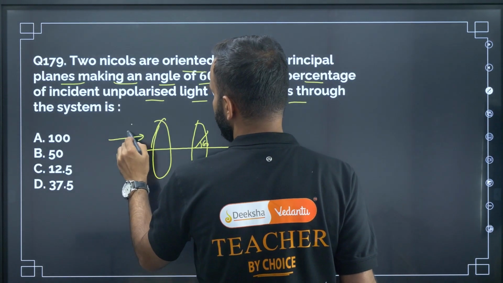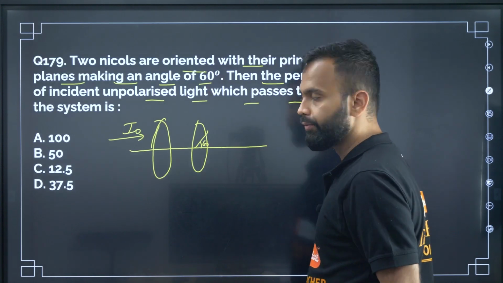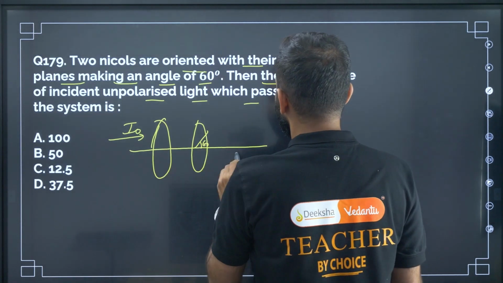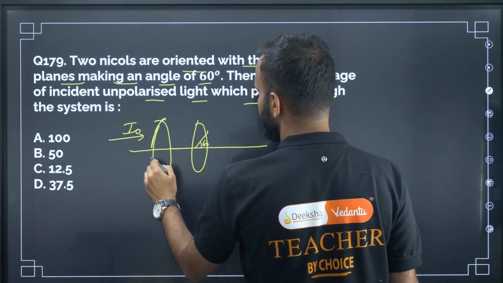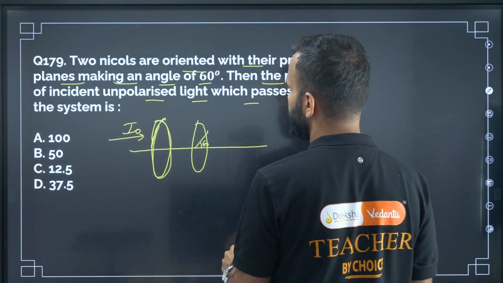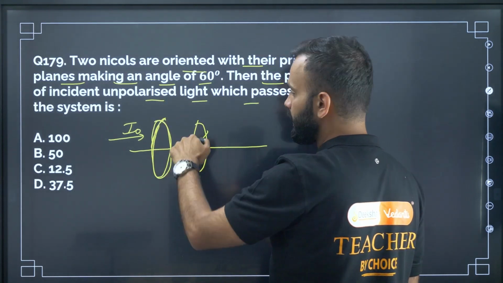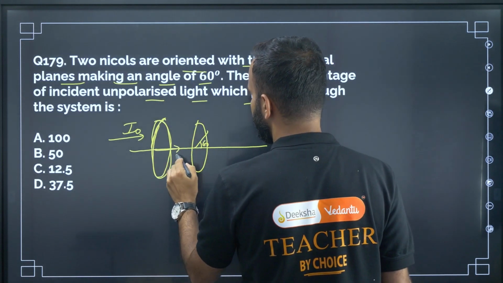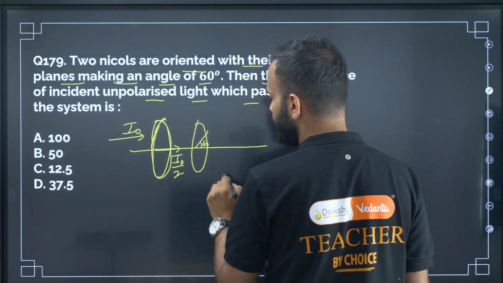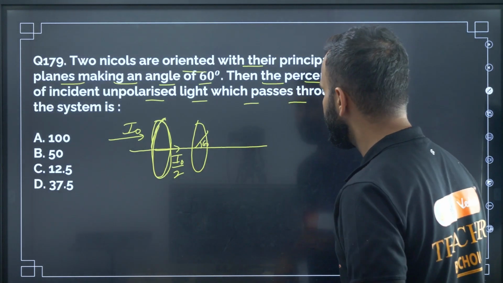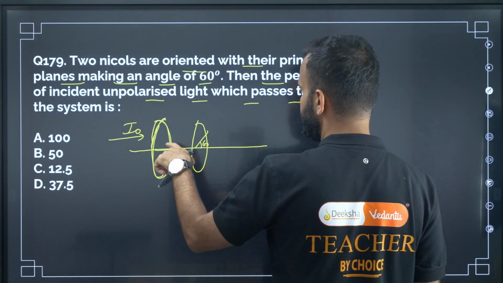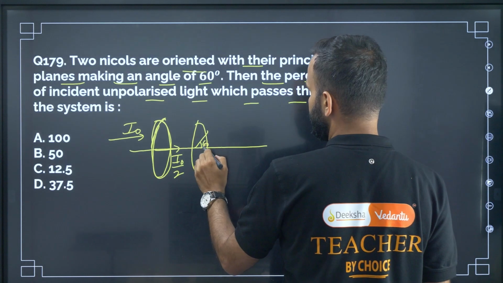Here I0 is the intensity of the incident light wave. When it passes through the first nicol, or first polarizer, the intensity reduces to half. Then this intensity passes through the second polarizer.